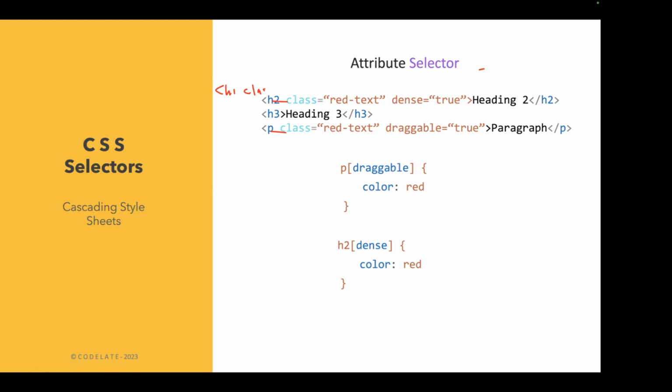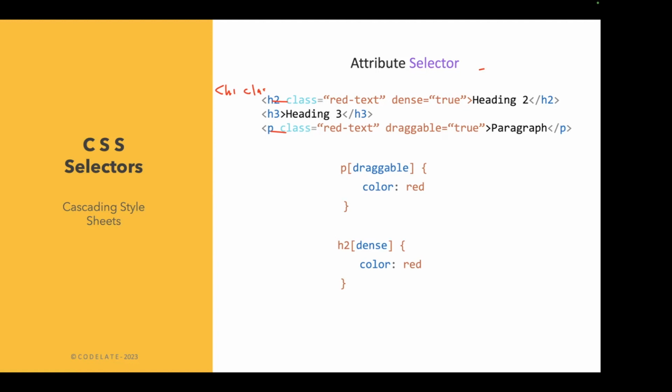The only way we can tell the browser to look for any element that has this my-dense attribute and apply this style is to do this. It's going to be a separate definition of that particular thing you want to add.